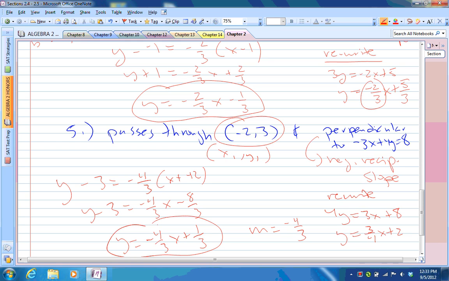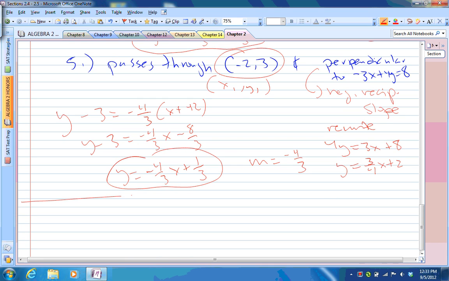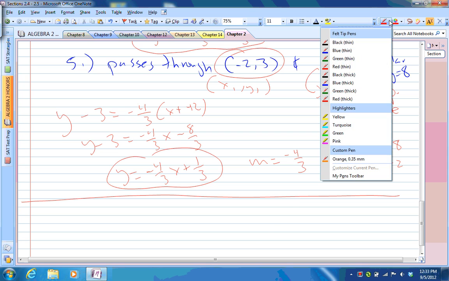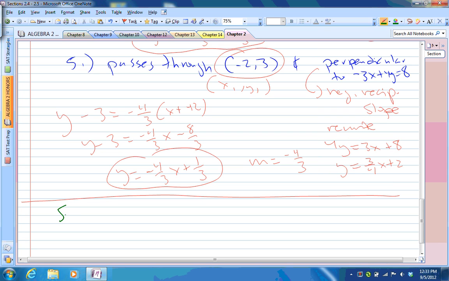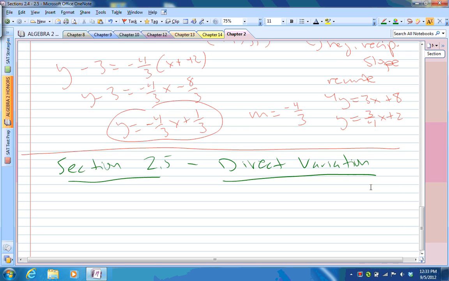But if you go over 2.5, it's really not that bad of a concept. Let me change colors up. So section 2.5 is titled Direct Variation. All that we're doing here is using this formula. So this is the formula for direct variation, where k is the constant of variation.